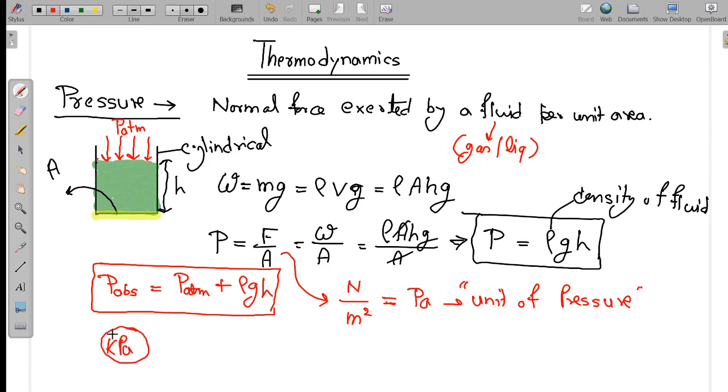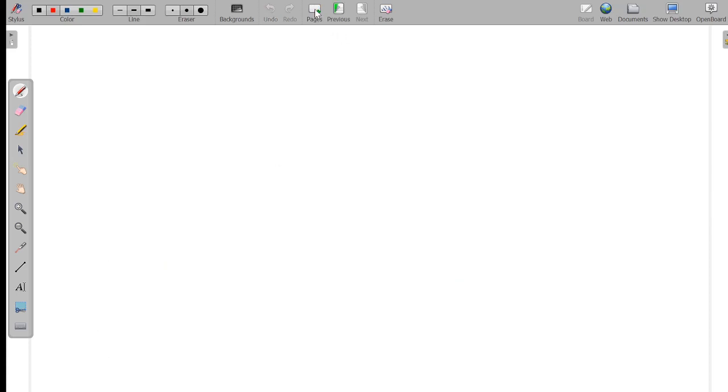Okay. There are some other units, like 1 bar for pressure. So 1 bar is equal to 10 to the power 5 Pascal, or 10 to the power 2 kilopascal. Similarly, if I am saying 1 atmosphere, which you have heard, what do you mean by one atmosphere?